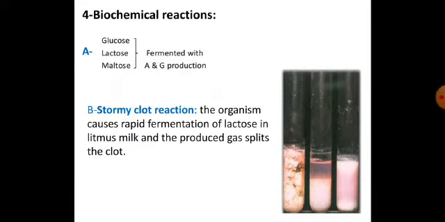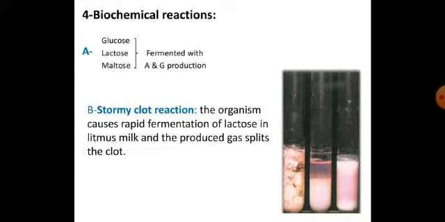Biochemical reactions for identification of Clostridium perfringens. First, fermentation of sugars such as glucose, lactose, and maltose with acid and gas production. Then, the stormy clot reaction. It is a very important reaction where the organism causes rapid fermentation of the lactose present in the medium called litmus milk and produces gas that splits the clot formed.